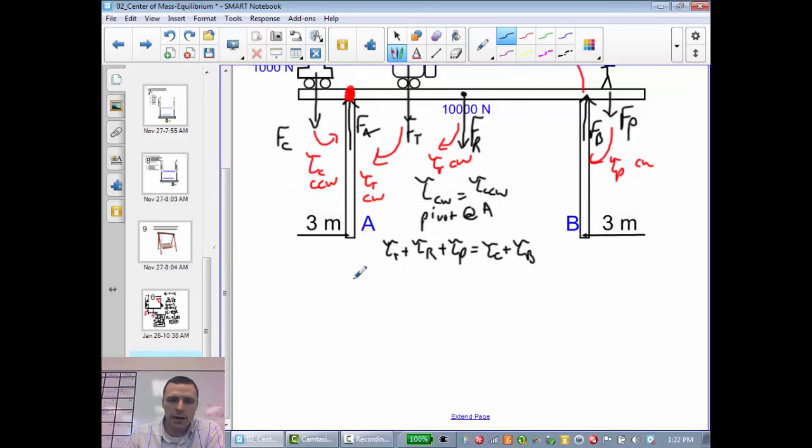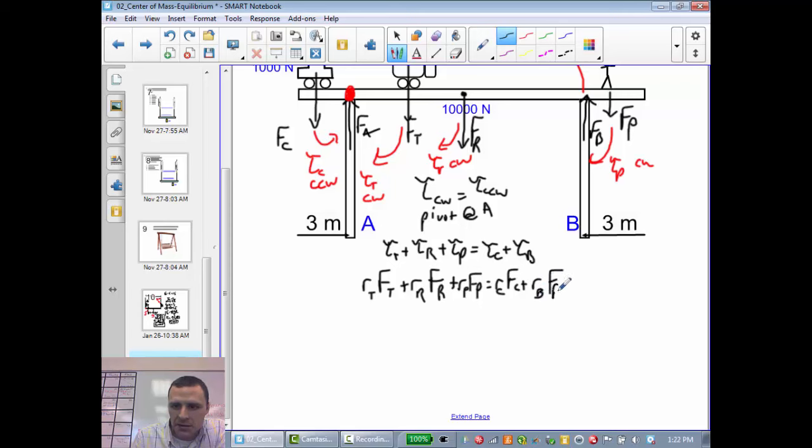We're going to write out what each torque is equal to. So RT FT plus RR FR plus... That was a mistake there. That erased everything. RR FR plus RP FP equals RC FC plus RB FB.